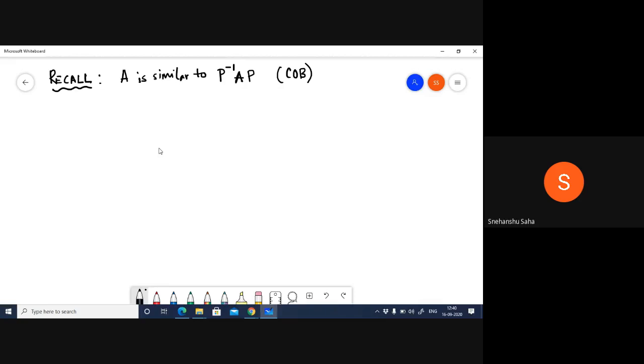Now an interesting fact about these kinds of change of basis. If you recall, in the last class I said, why do we actually do change of basis? Because the original matrix may be so complicated that we cannot find useful information from it.